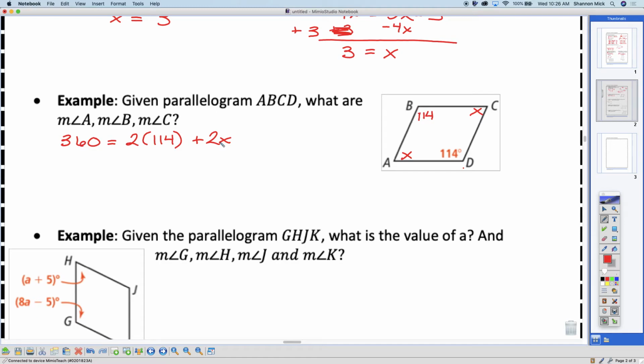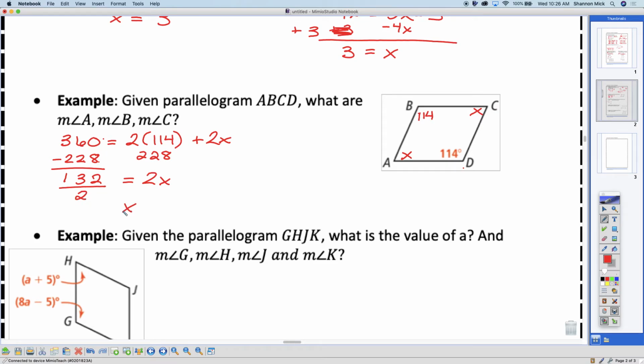So, 2 times 114 would be 228. So I'm going to subtract 228, yes? And then divide by 2. So I get 132 equals 2x. Divide by 2.